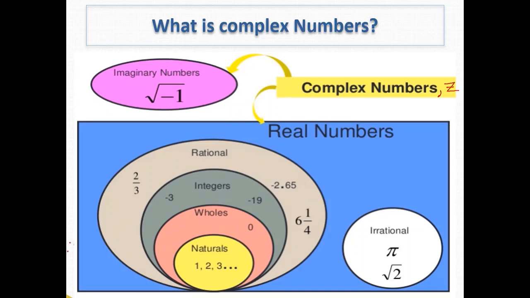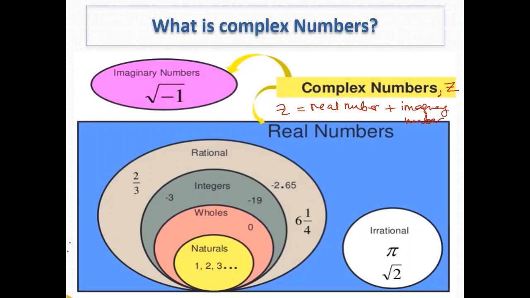Okay, so Z is the complex number. It is the combination of a real number plus an imaginary number.